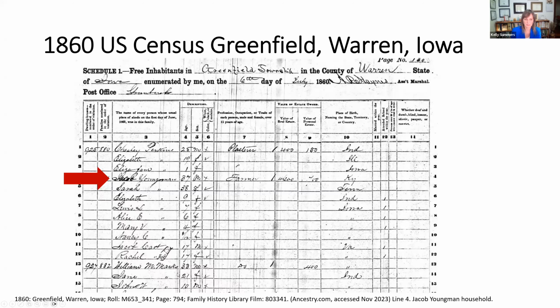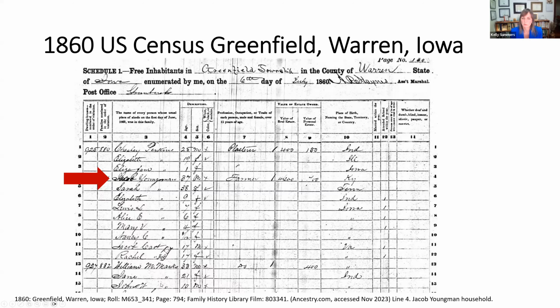And look who we have living next door, William Marks. This is Sarah's brother. Very common to have something like that, but I might not notice that when I initially do the research. So look around, and if I look around, you just may find some other interesting things.